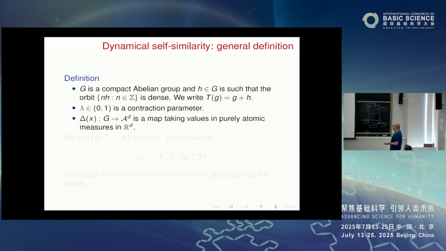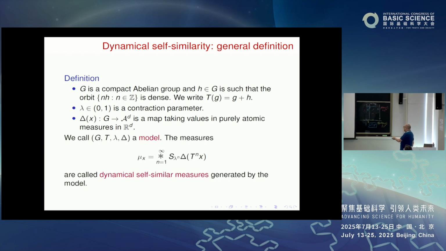For Bernoulli convolutions, there are two atoms. In the case of the convolution of the middle thirds and middle one-quarter Cantor measures, depending on x, the measure has either 2 or 4 atoms, or in some very degenerate cases 3, I guess, but it is upper bounded by 4.